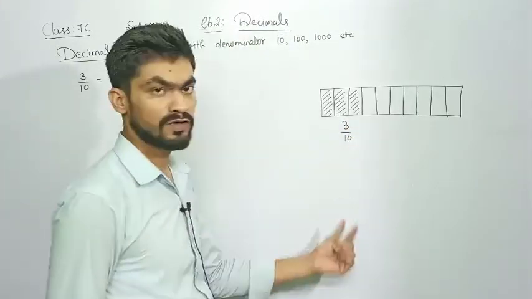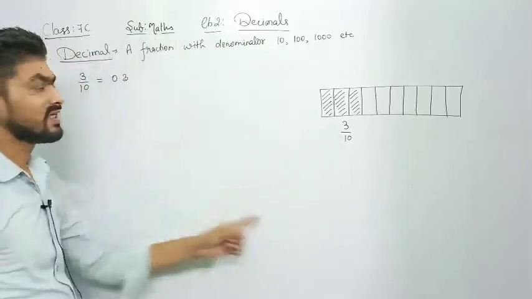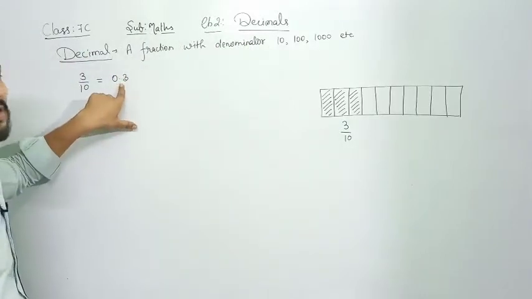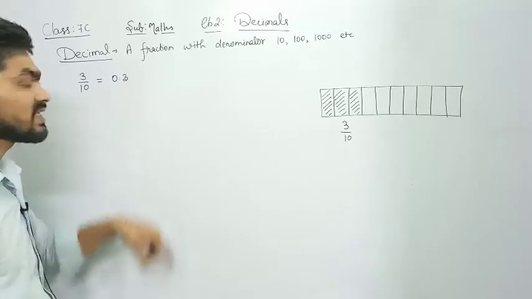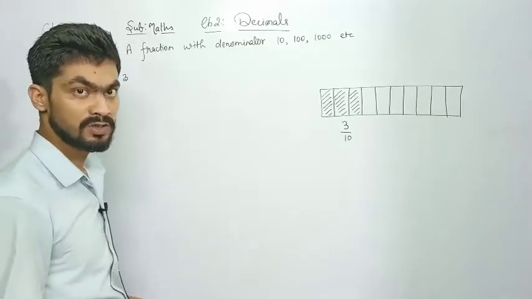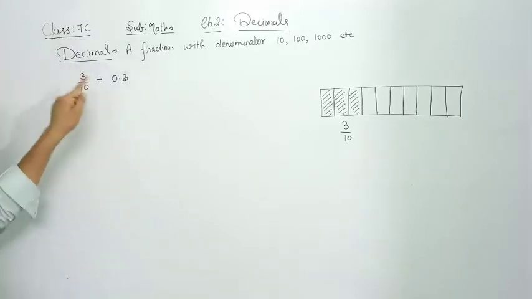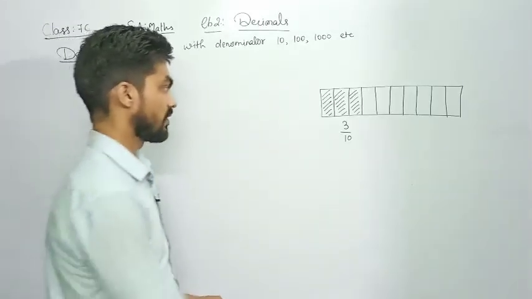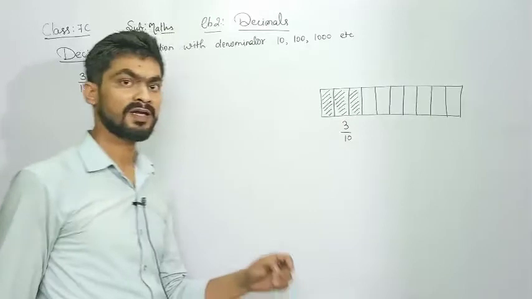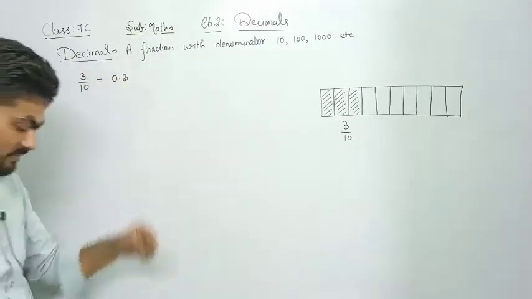So this is represented as 0.3. It is a kind of notation, a representation of a number. My dear children, 3 by 10 can be written as 0.3.